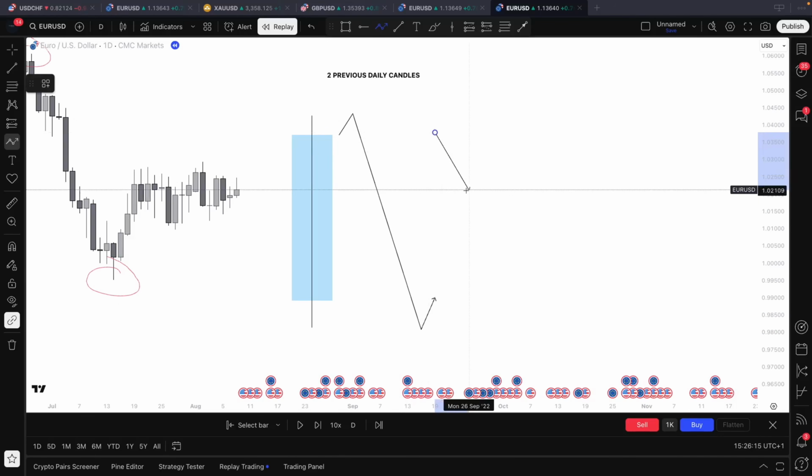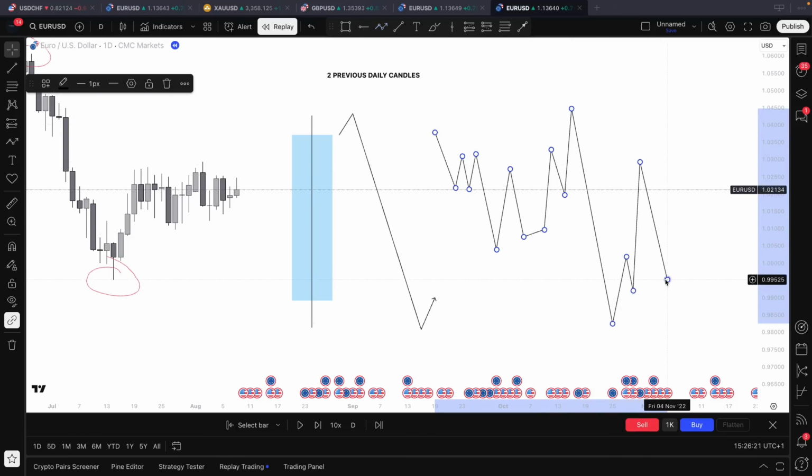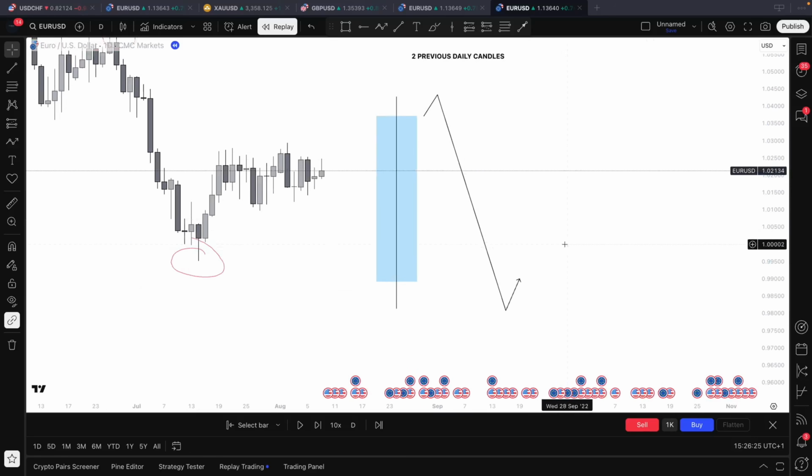Perhaps price opens here, does a lot of this throughout the day, then sweeps the high, then the low, and then comes back all the way. This is something that we might see in a consolidation period. But in a trending environment, this is going to be very accurate.